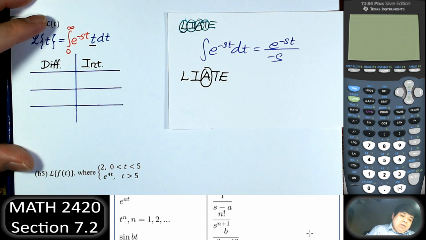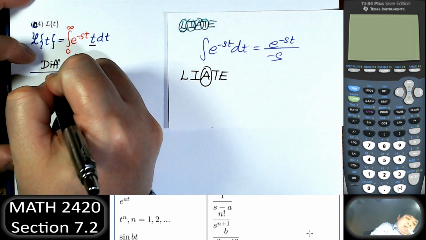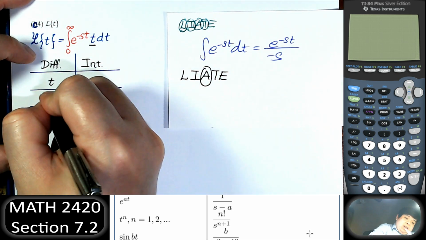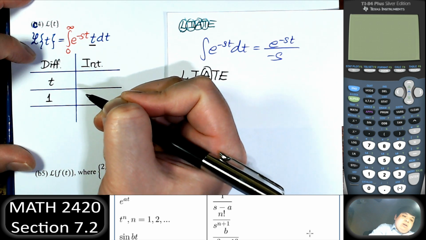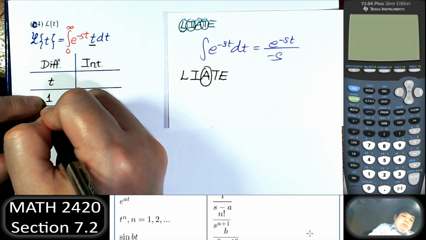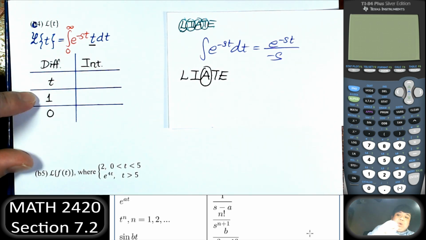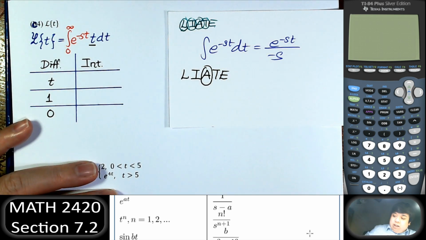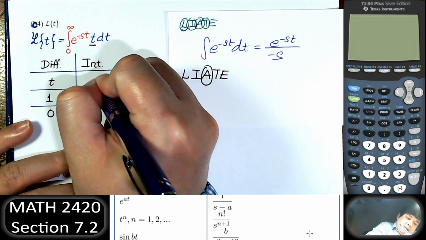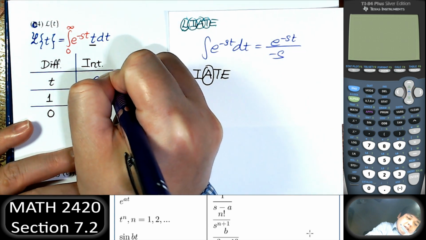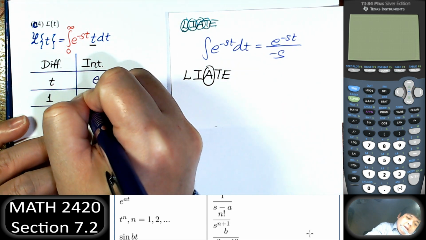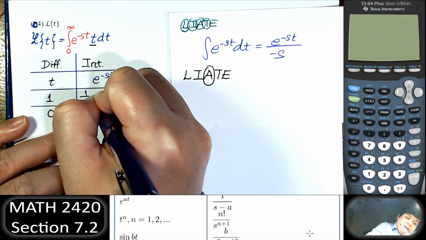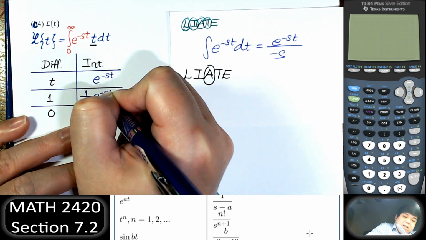Yeah, so we have t. Derivative of t, 1. Derivative of 1 is 0, which is good. Now, the other column is to be integrated. So we integrate e to the negative st: 1 over negative s, e to negative st, and then keep going.